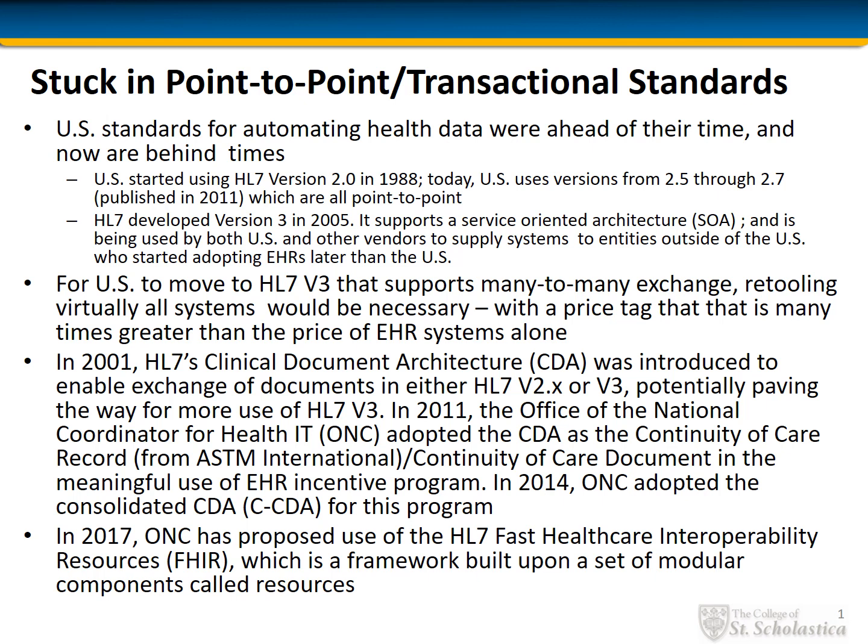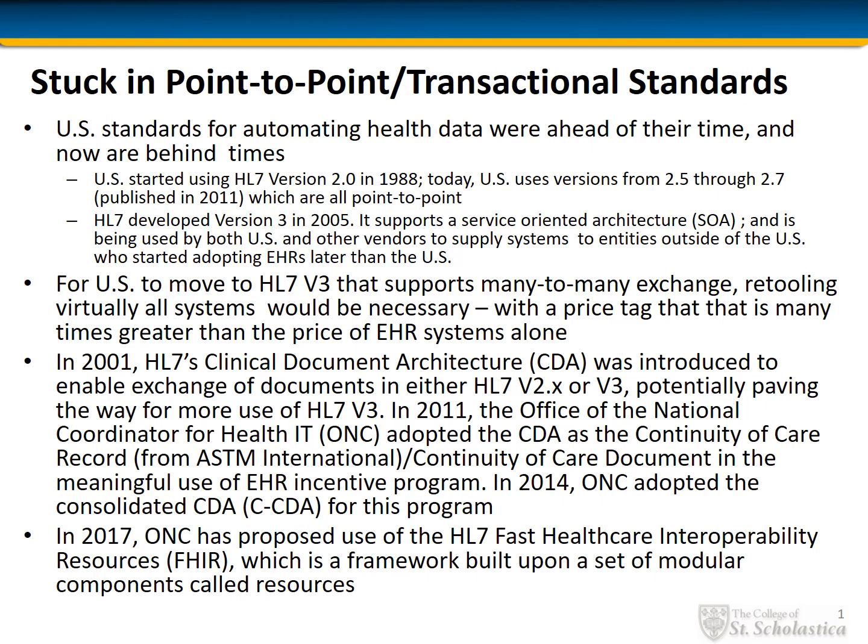But HL7 version 3 still did not take hold despite this effort. It was just too costly to retool every system. Still, researchers persisted in finding a way to overcome the HL7 version 2.x and web services conundrum.